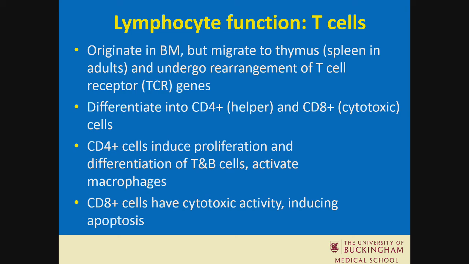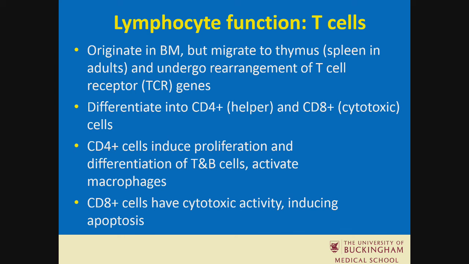So the progenitor lymphocyte migrates to the thymus or the spleen, and undergoes rearrangement of the T cell receptor genes, and then will upregulate either CD4 in T helper cells, or CD8. CD is cluster designation or cluster determinant. It's just a useful nomenclature system for classifying cell surface molecules, and it's widely used in hematopoiesis.